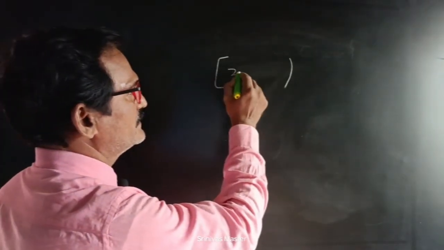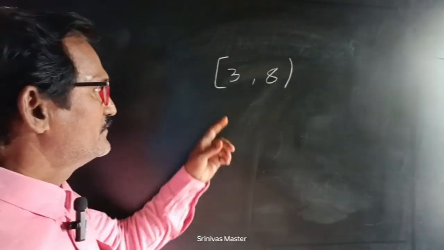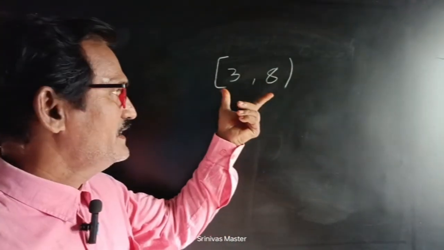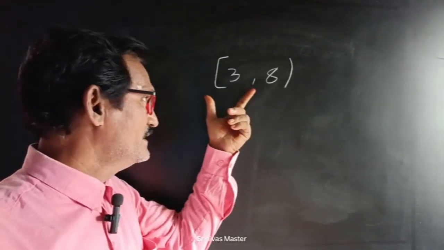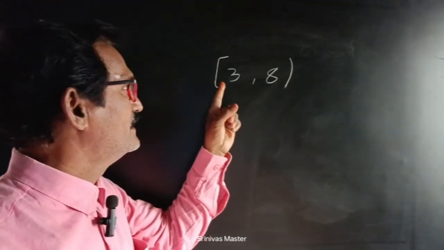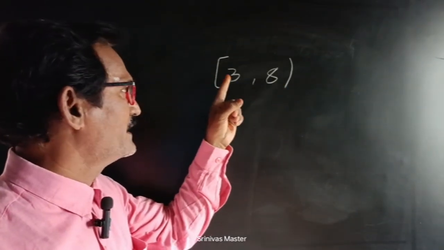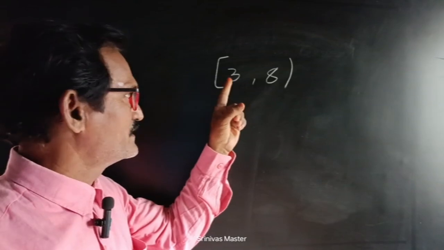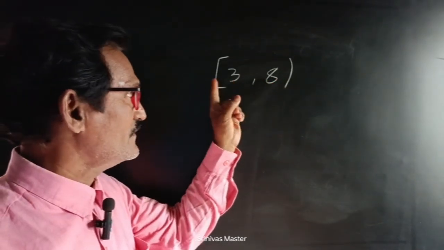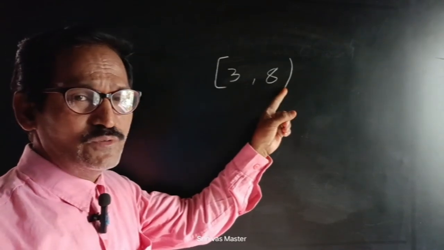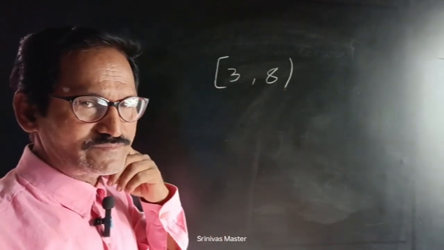Suppose you take 3 comma 8. 3 and 8 are the endpoints of the numbers. In this, the closed bracket is with respect to 3, and the open bracket is with respect to 8. Closed means including, open means excluding.